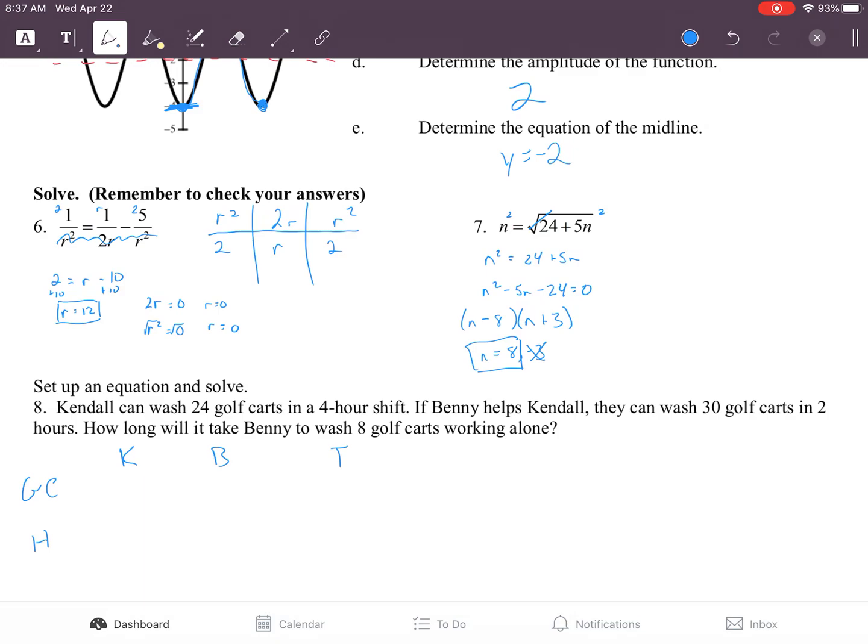So Kendall can wash 24 golf carts in 4 hours. All right, if Benny helps Kendall, they can wash 30 golf carts in 2 hours. How long will it take Benny to wash 8 golf carts by himself?